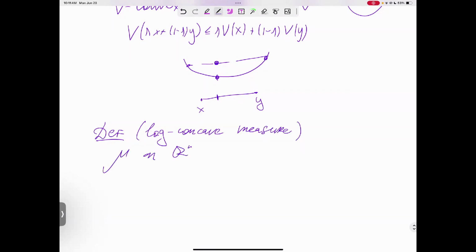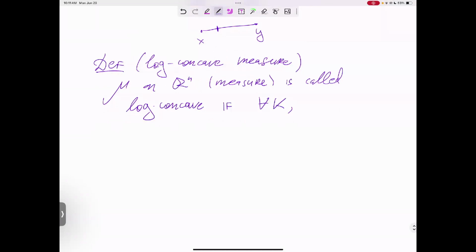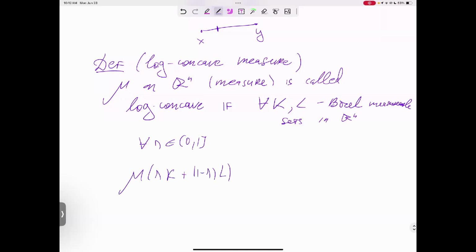So a measure mu on R^n is called log-concave if for any pair of Borel measurable sets K and L, and for any lambda between 0 and 1, mu of lambda K plus (1 minus lambda) L is bigger than or equal to mu of K to the power lambda, times mu of L to the power 1 minus lambda.